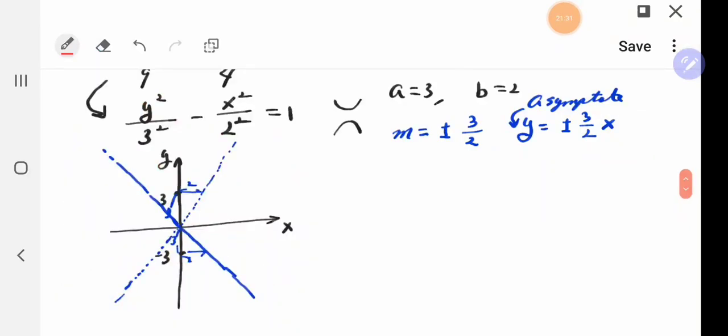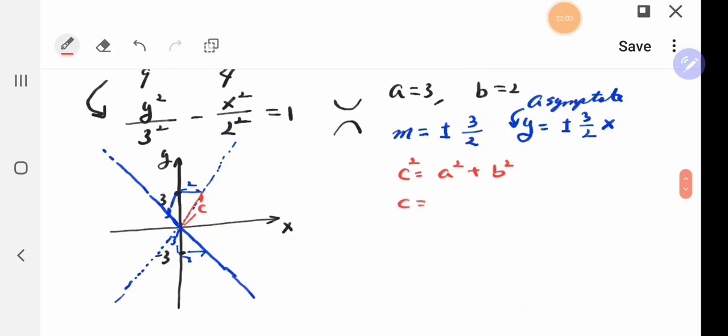All right, then let's find the focus. The focus is this length, right? This is C. So using the Pythagorean theorem, C squared, the hypotenuse squared, equals a squared plus b squared, the sum of squares of the legs.